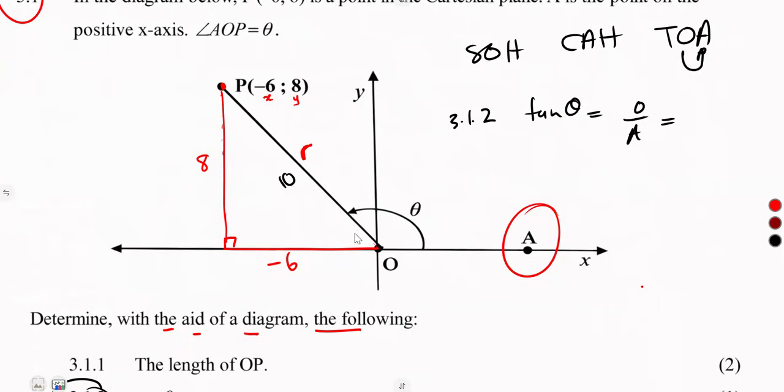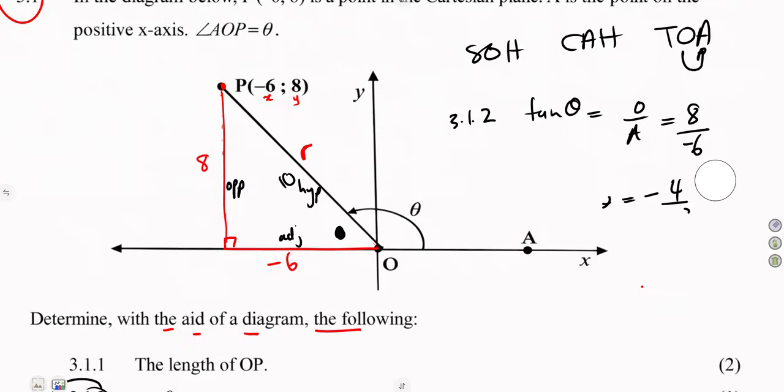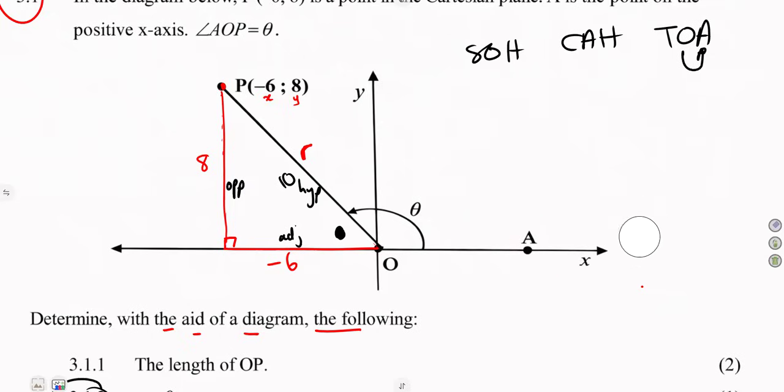According to theta, the angle inside the triangle on the base, this is our opposite, this is our adjacent and our hypotenuse. So we need opposite 8 over adjacent negative 6. That's our tan of theta, which by reducing gives us negative 4 over 3. Just like that, 3.12, you are done.